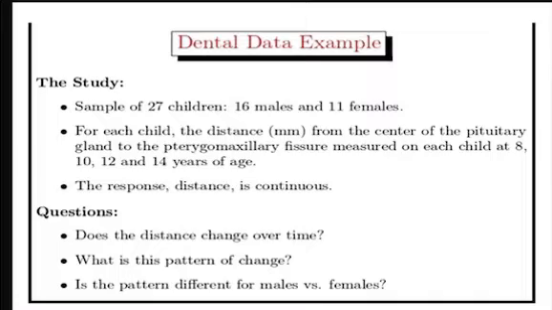Don't forget, I told you that when you're working with a repeated measure, the repeated measure automatically generates factor A. Factor A is going to be time, or you can call it age, year. Then factor B is going to be gender, because you have male and female.